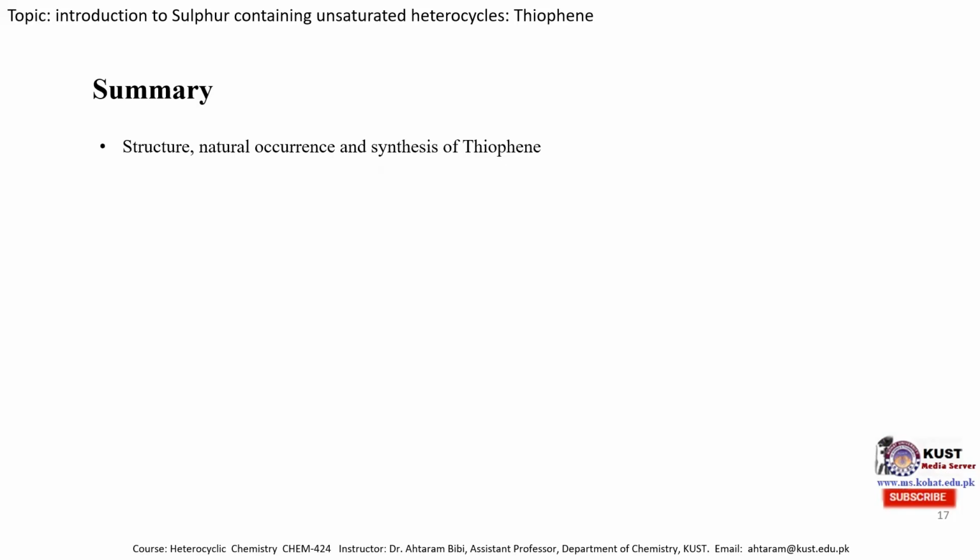I have discussed in detail the natural occurrence of thiophene, its physical and chemical properties, as well as various methods for its synthesis, some laboratory methods as well as some industrial methods.